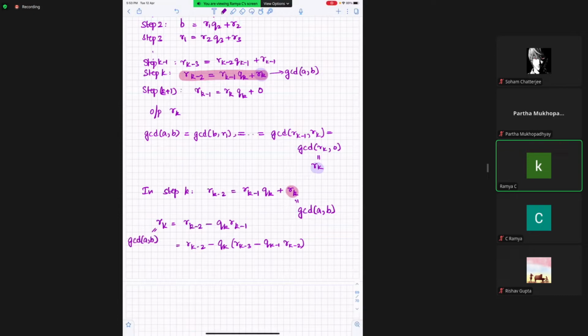Can somebody say what you should have done in one step? In this step, you will get something like S times Rk minus 2 plus T times Rk minus 3, where S and T are integers. So what do I do next?